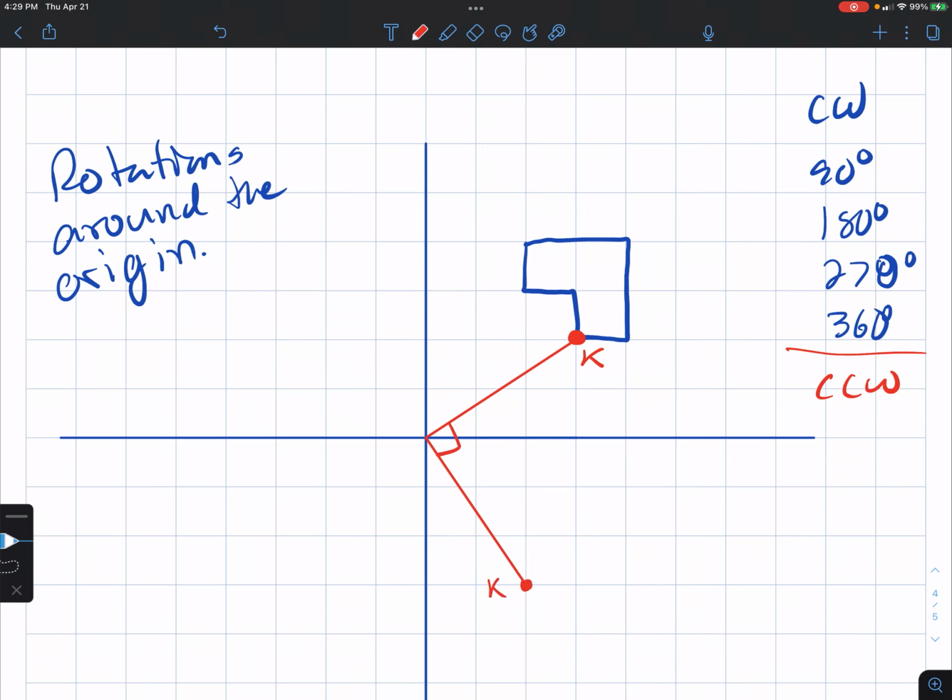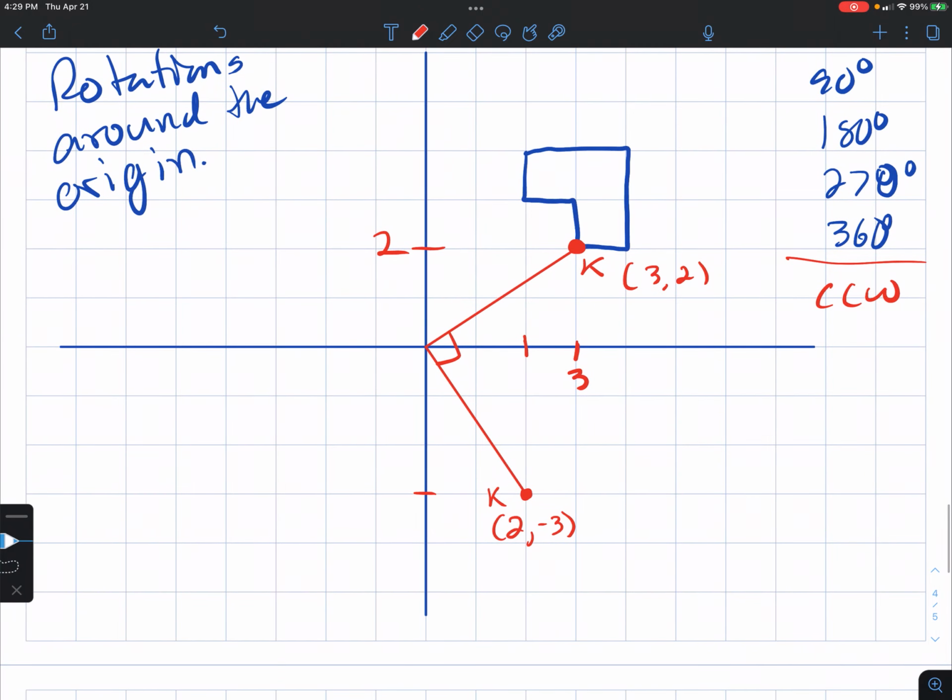And some of you have already pointed out that if we pay attention to the ordered pairs, this point is at 3, 2. When I do a 90-degree rotation, notice how it is now at 2, -3. My new location is 2, -3. It switches the numbers and changes the sign on one of them.